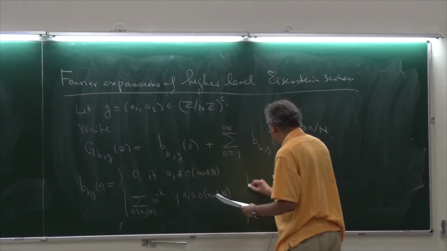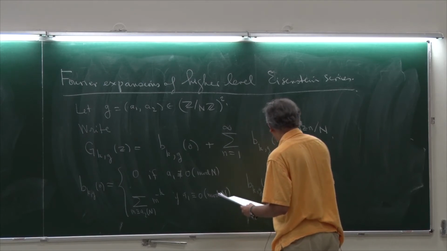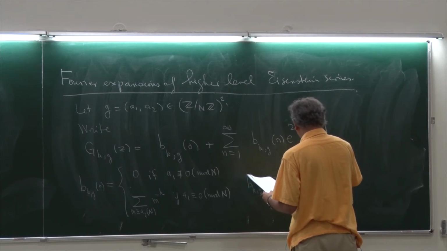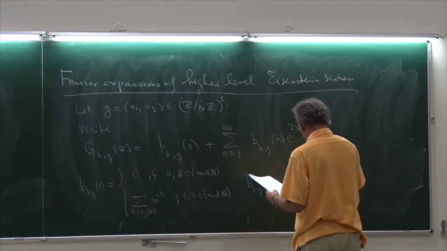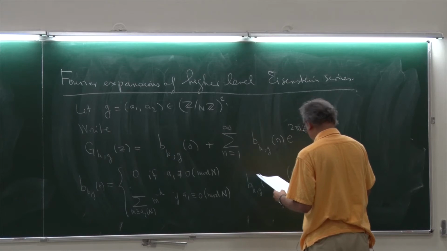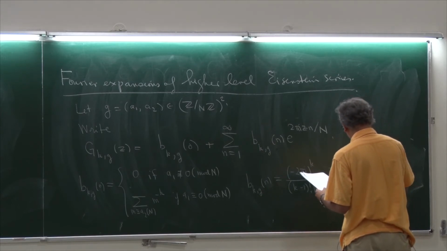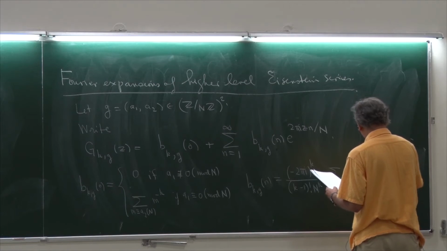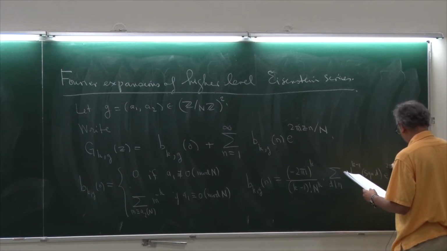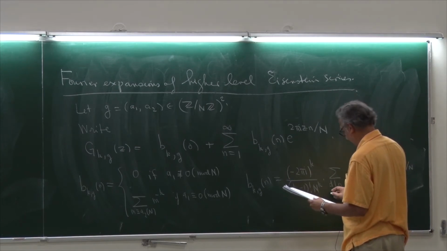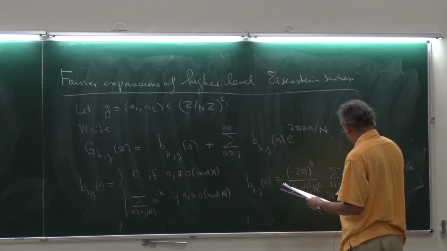And b_k,G of n, the general coefficient here, is given by minus 2 pi i to the power k over (k minus 1) factorial n to the k, times the summation over d dividing n of d to the power k minus 1, sign of d, e to the 2 pi i a2 d by n, where d dividing n runs over all divisors, both positive and negative, and n over d has to be congruent to a1 modulo n.